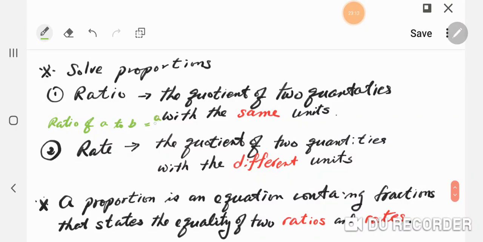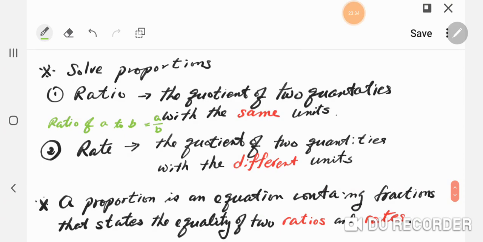The units for the quantities A and B can be represented in feet, like 12 feet by 16 feet. They are using the same units.